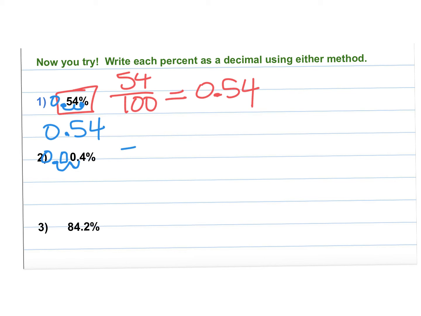So then my answer would be 0.004, which would be 4 thousandths. And then 84 and 2/10%, take my decimal, go 2 to the left, add a 0 before, so it would be 0.842, which we would say as 842 thousandths.